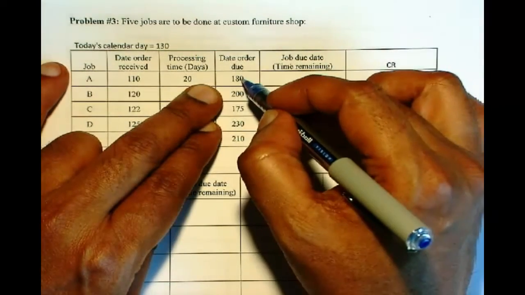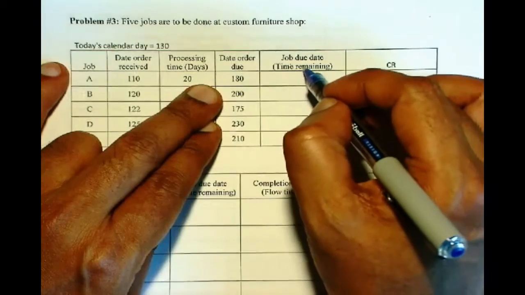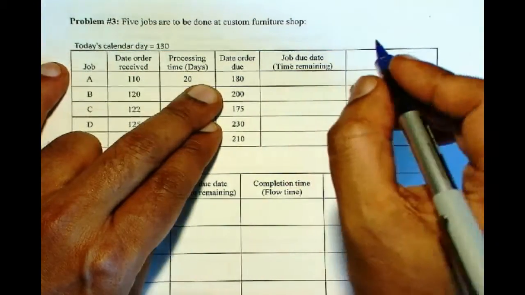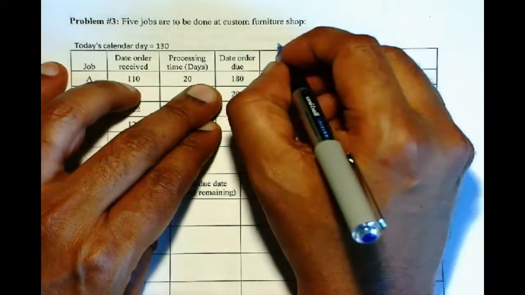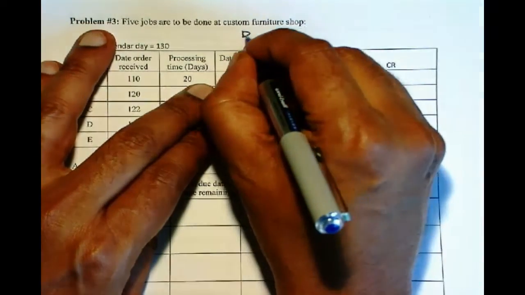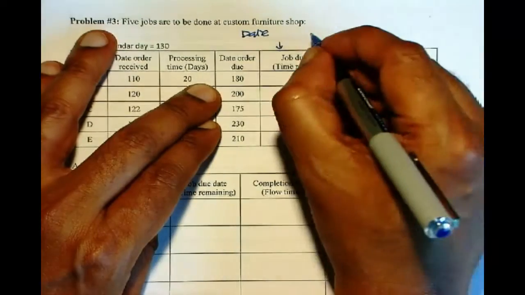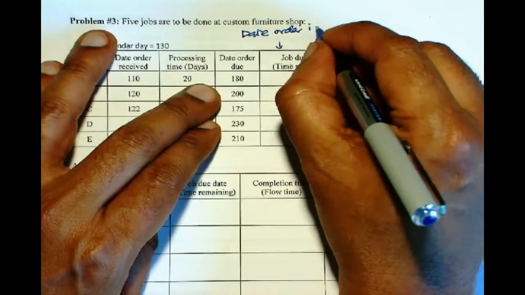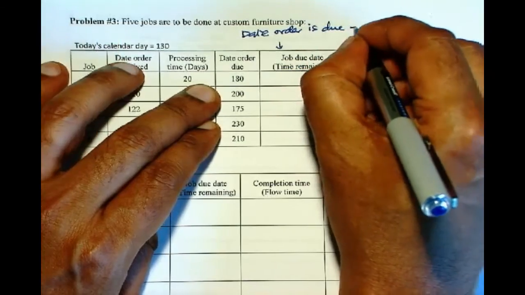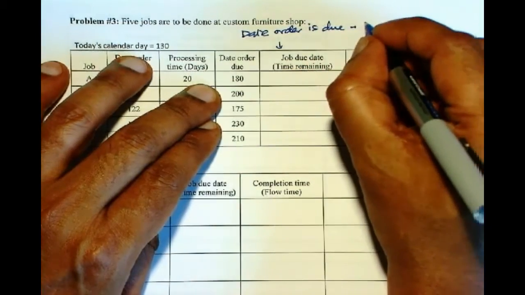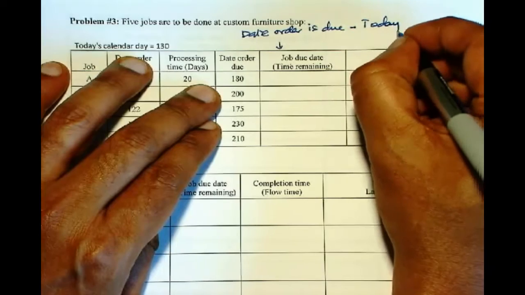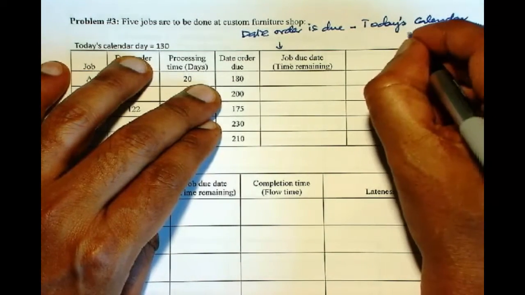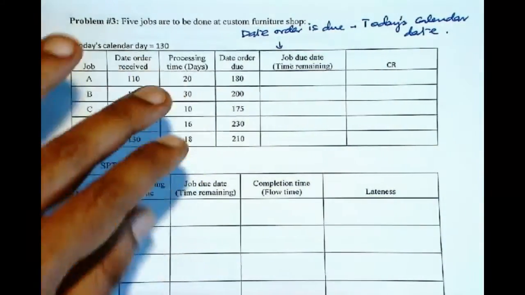So we have to convert this into job due date, that is time remaining. Time remaining is date order is due minus today's calendar date.